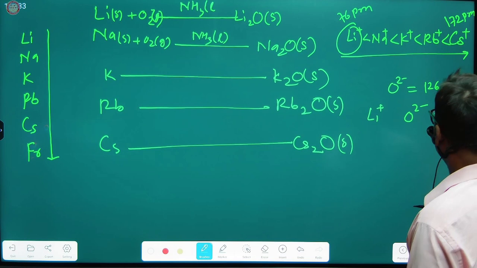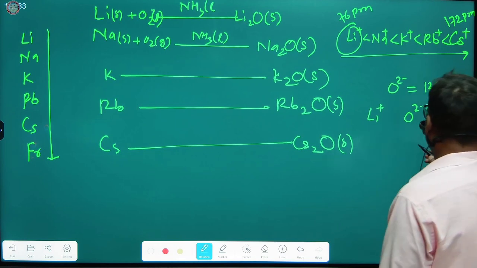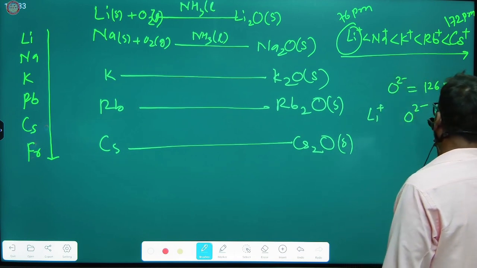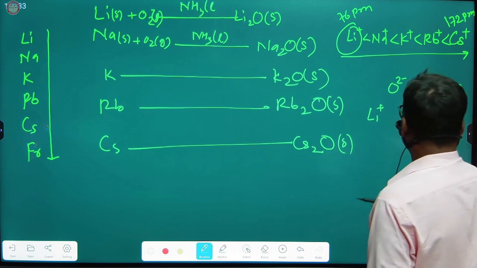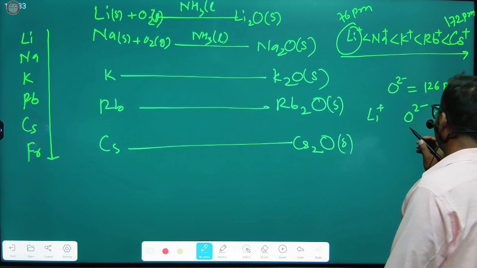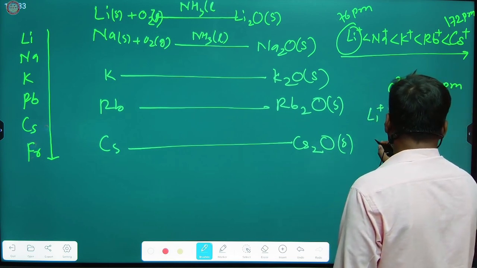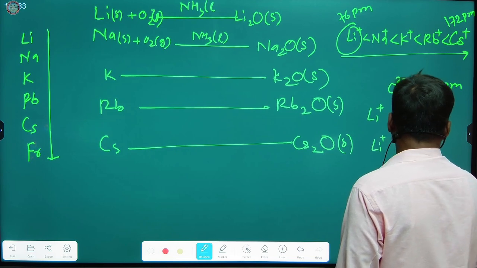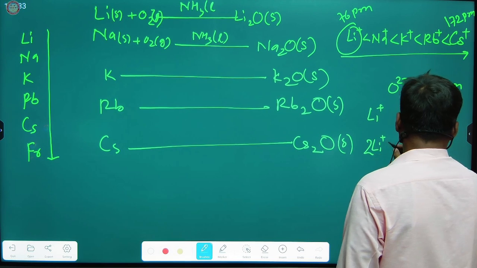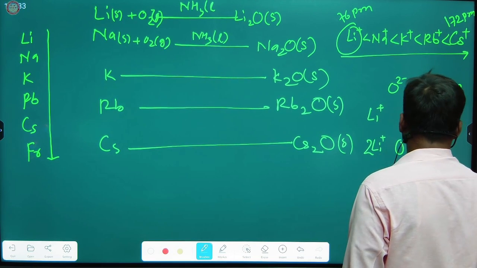So this oxide anion, whose size is greater compared to Li plus, will stabilize two lithium cations, 2 Li plus and then O2 minus.